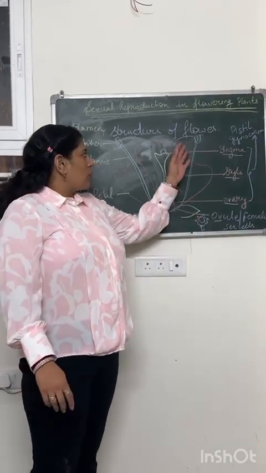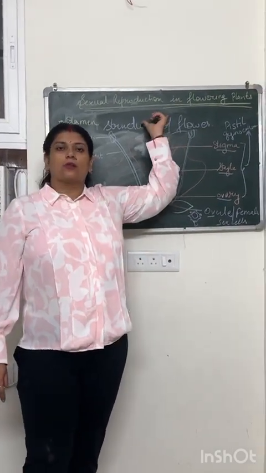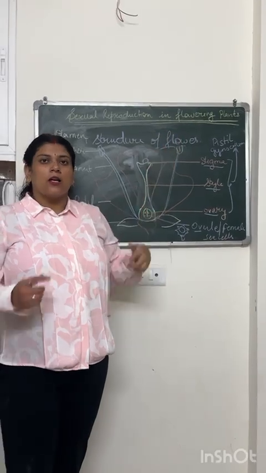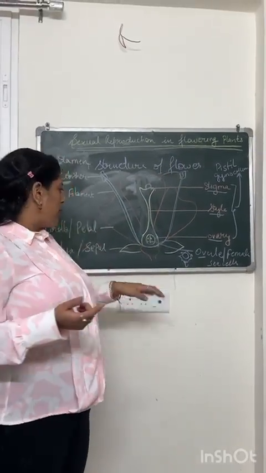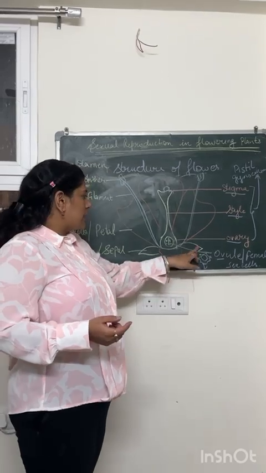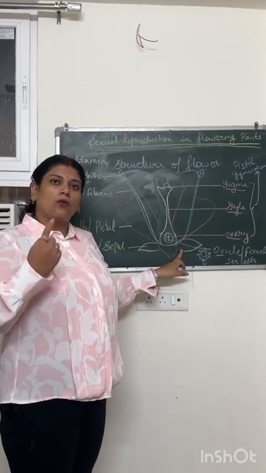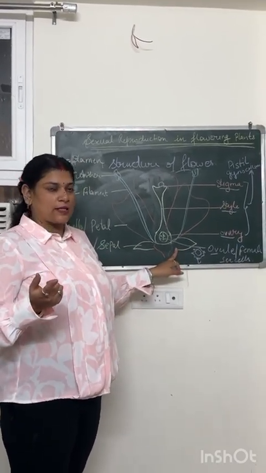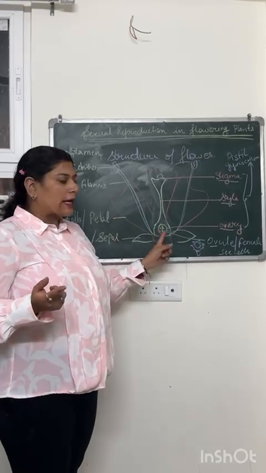Okay, so we have studied about the structure of flower. So let us get a quick recap of this. In structure of flower we have sepals. This leaf-like structure is known as sepal. One leaf is called a sepal, complete is called calyx.